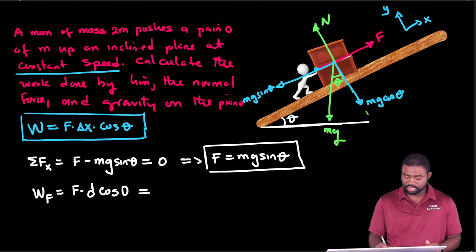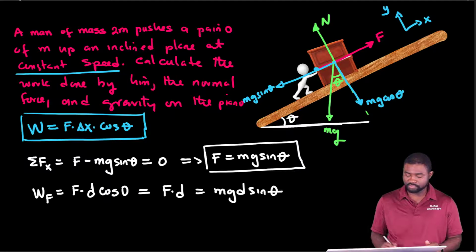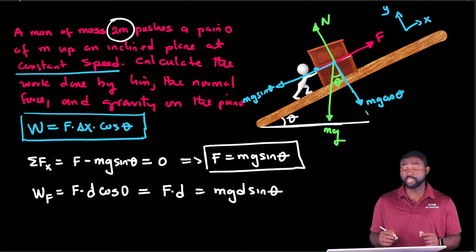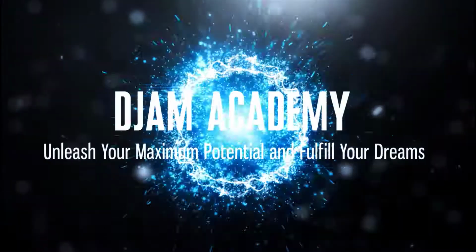So the work done by F is just Fd, which is mg d sine theta. So this is the work done by the man. If you've noticed, we haven't used the mass of the man.